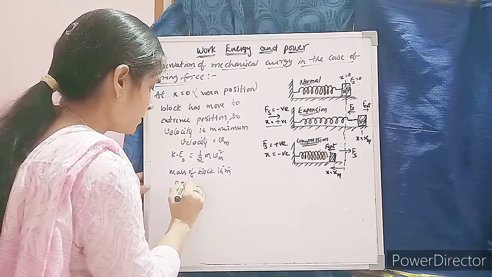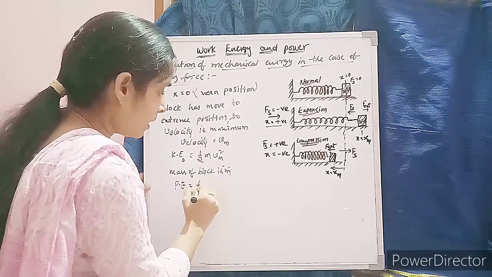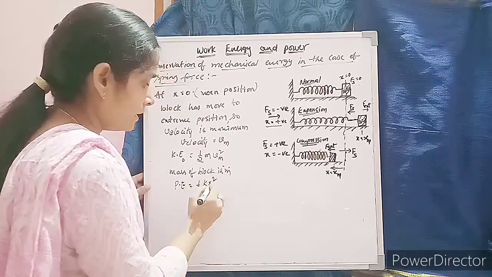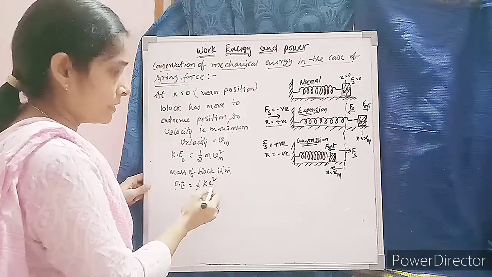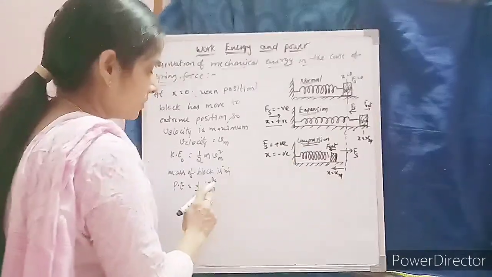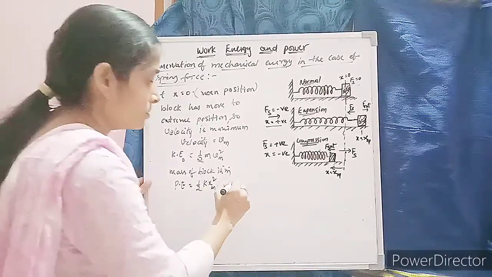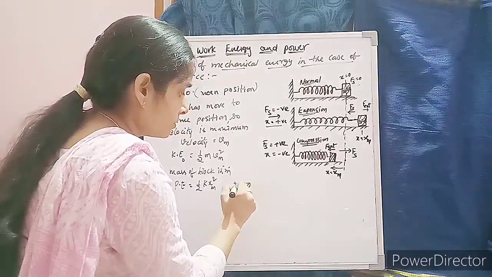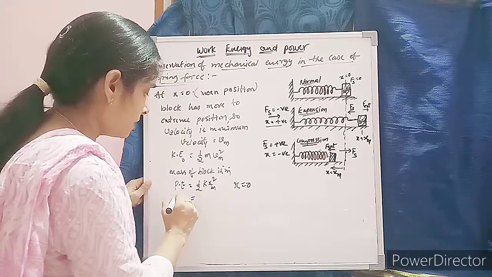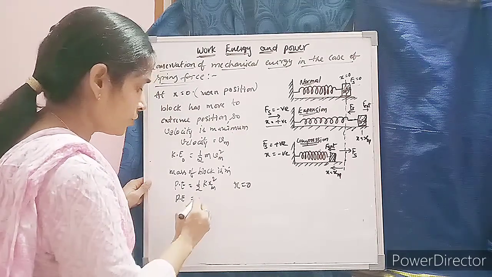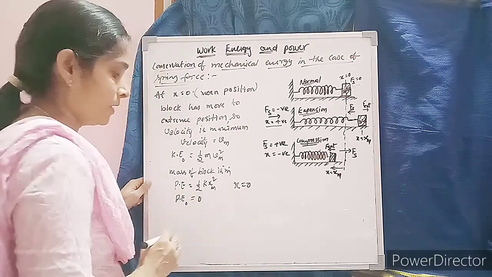Now the potential energy. Potential energy is equal to half k x square. Here xm is 0, or simply you can write it as half k x square. Here x is 0. So the potential energy at mean position is 0.